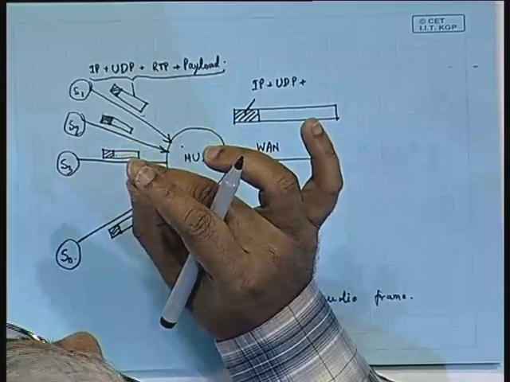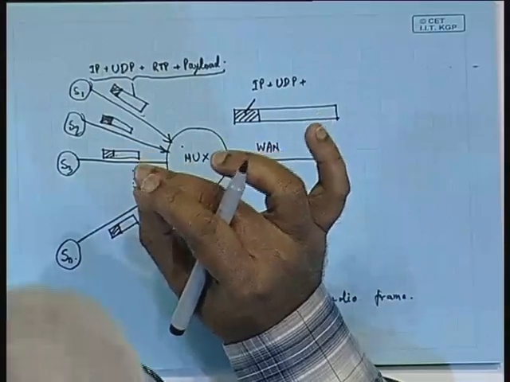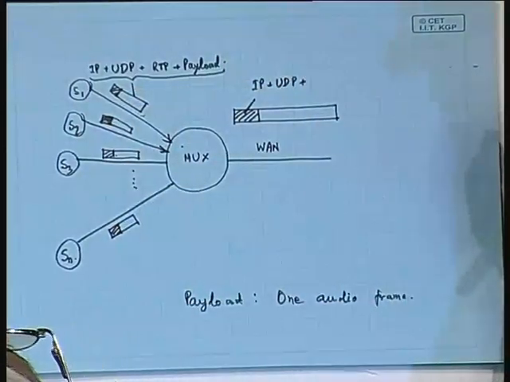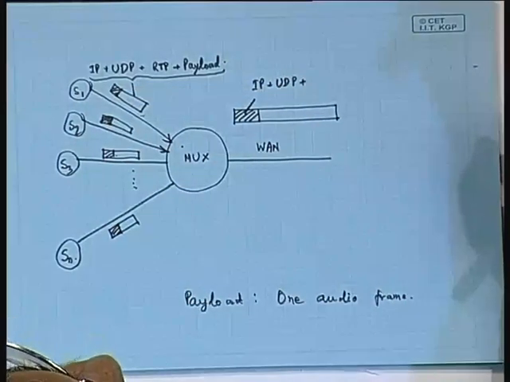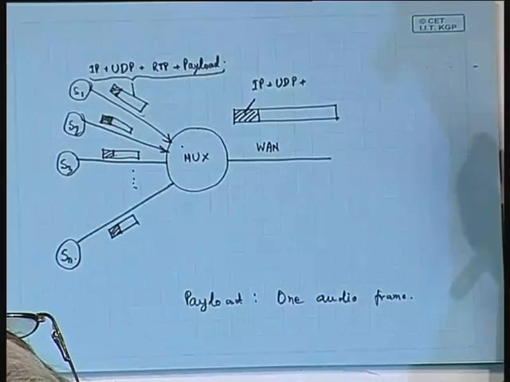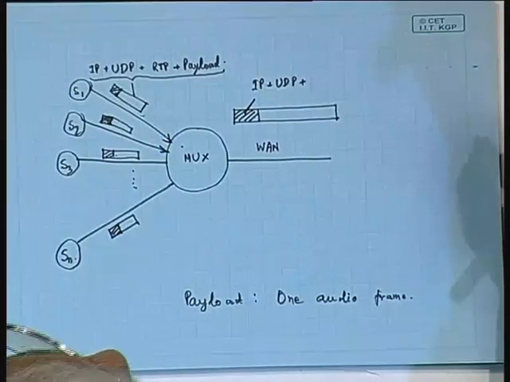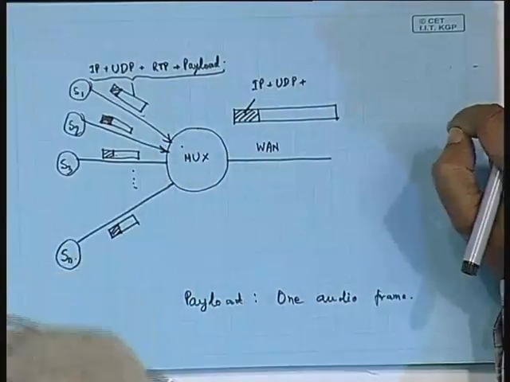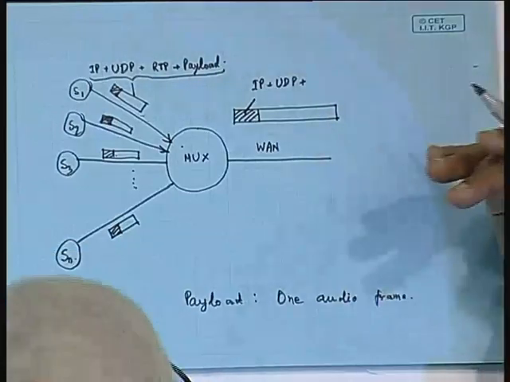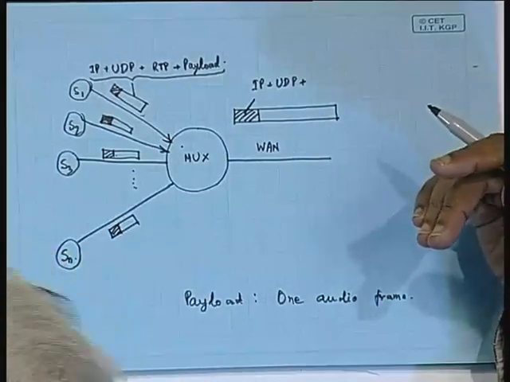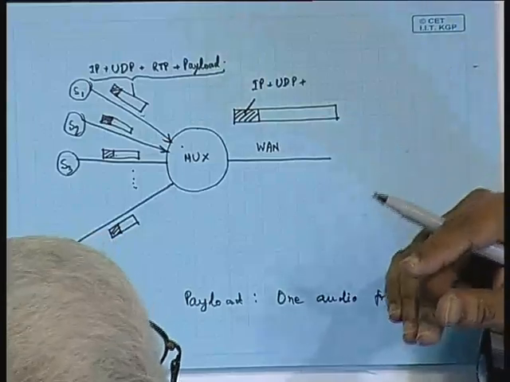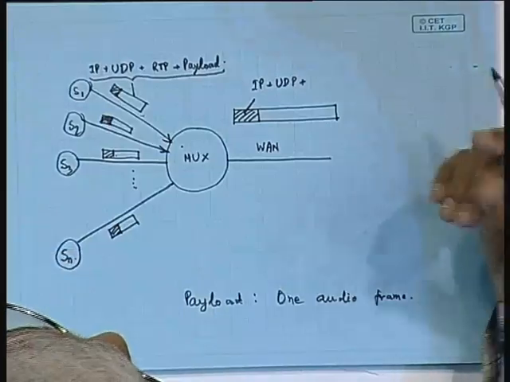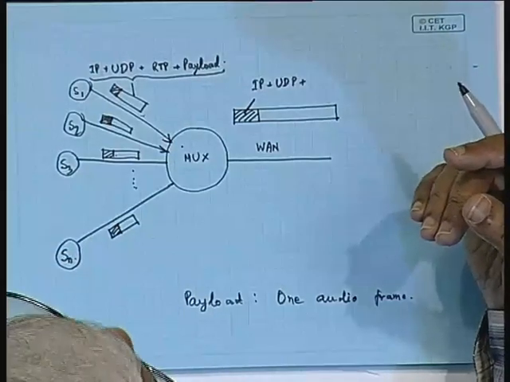And not only that, the time stamp which will correspond to this, because if it is an audio packet that is coming from the stream S1, that is associated with some time stamp information. It is also containing the destination information. So, the source information, the final end destination information and the timestamp. So, these things will still be needed. So, there will be some header which will be anyway required.